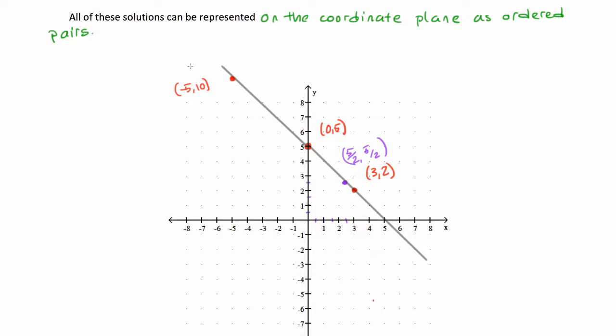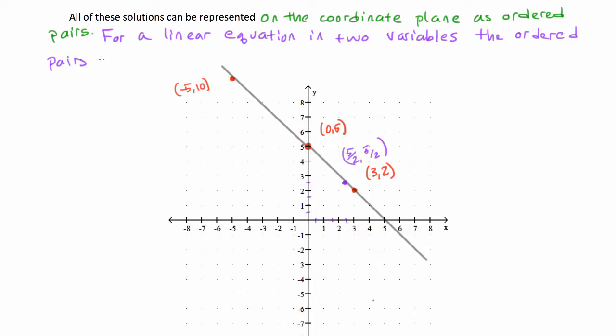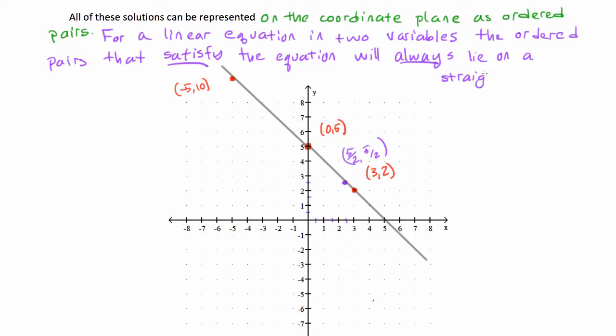So for any linear equation in two variables, the solutions, so the ordered pairs that satisfy the equation, will always lie on a straight line. And this is a huge deal.